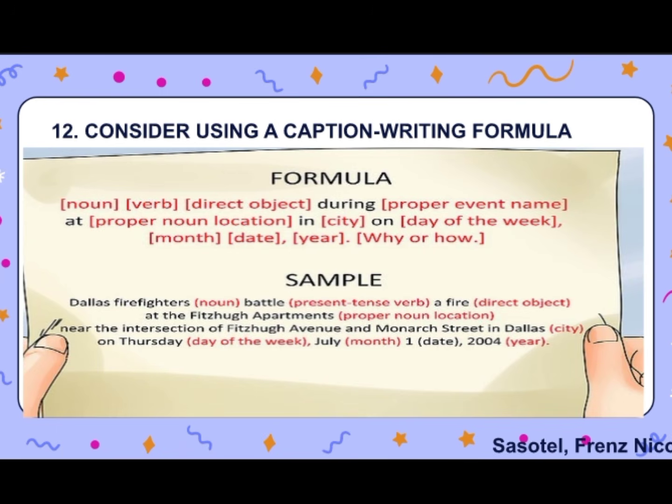So: Dahlia's firefighters battle a fire at the Fitzhugh Apartments near the intersection of Fitzhugh Avenue and Monarch Street in Dahlias on Thursday, July 1, 2004. That's how you write a caption using the given formula.